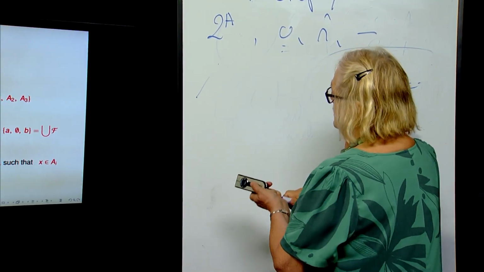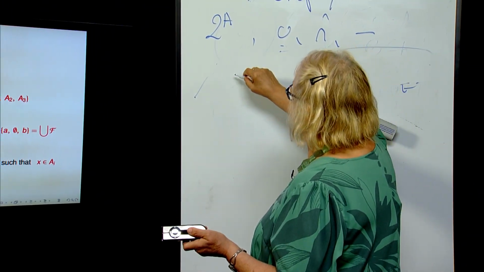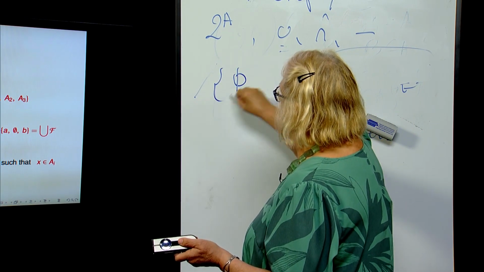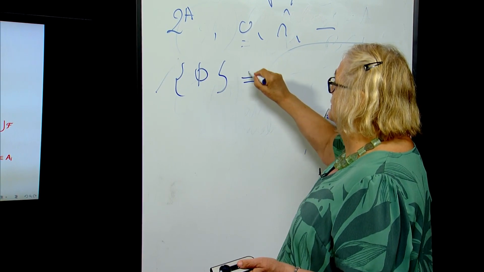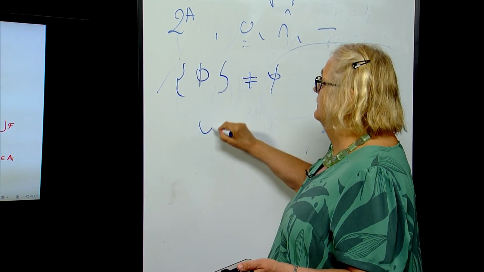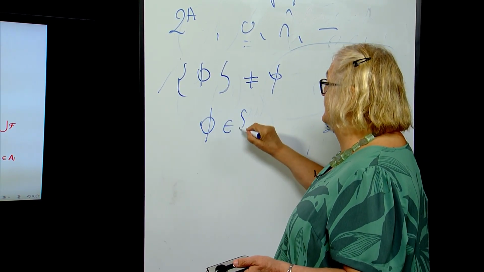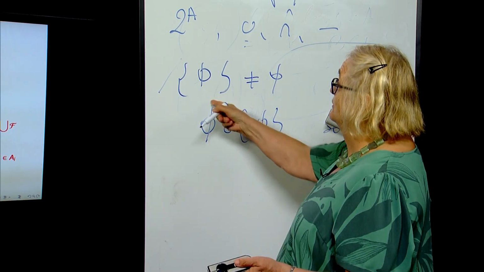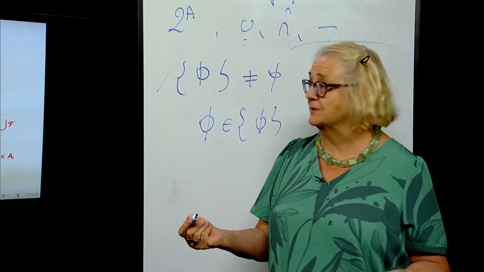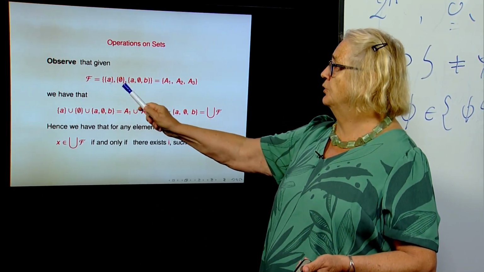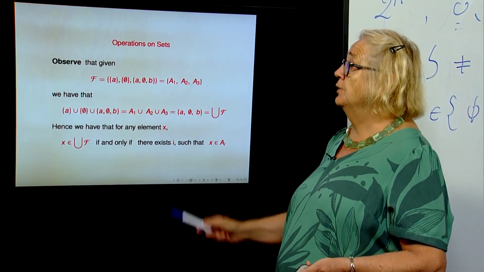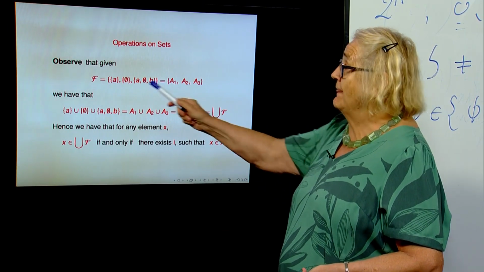Just to remind you, this is an empty set, but this is a set which contains an empty set, which is a non-empty set, because the empty set is an element of that set, which has only one element, the empty set. So here you have 3 sets, A1, A2, A3, and that is a family.